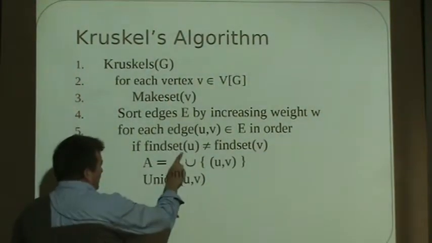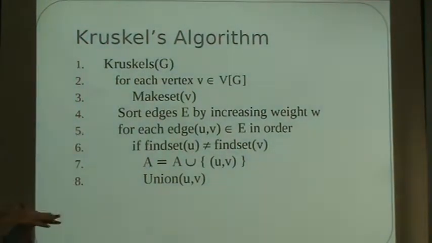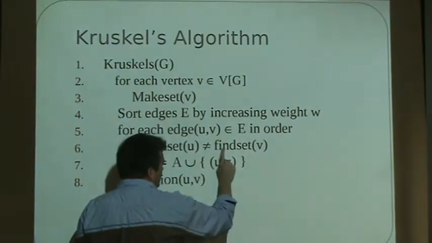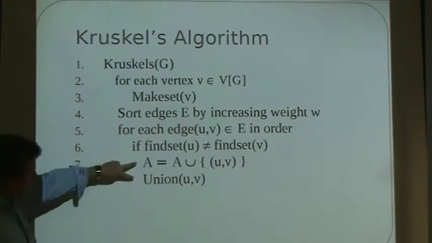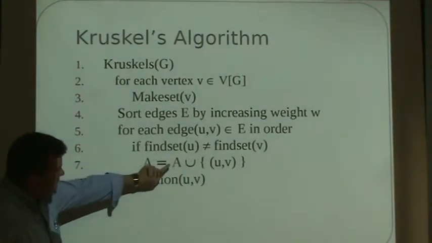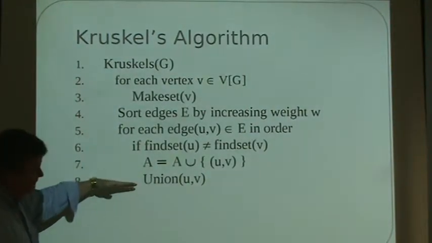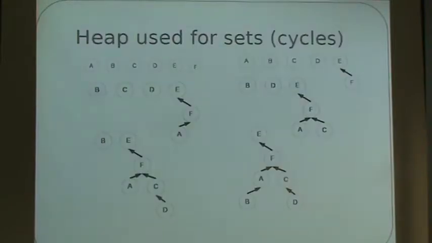For every edge in this graph, to find out what set they're in, this function, since we decided to use a heap, will take log V, and this step will take log V, so there'll be 2 of those. Adding something to our answer would be a constant time operation, and the union would also be a constant time operation.